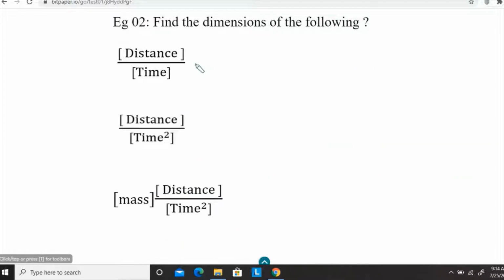Now let's look at example number 2. Find the dimensions of the following. In the first one, we have dimensions of distance over dimensions of time. Distance is a length. So I'll put the dimensions of length L divided by dimensions of time T. L over T, this dimension is the same as the dimensions of the measurable quantity we call speed or velocity, which are very important quantities in physics.